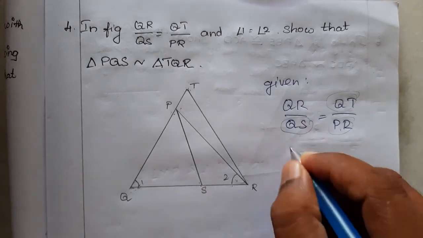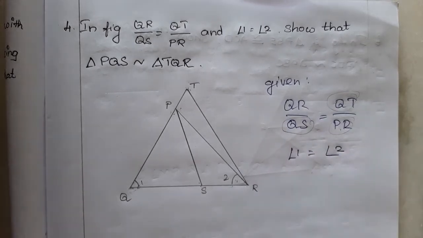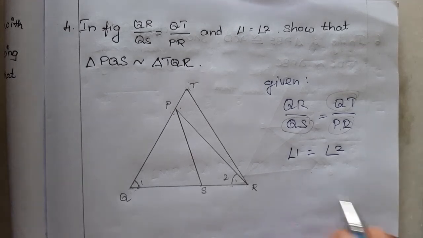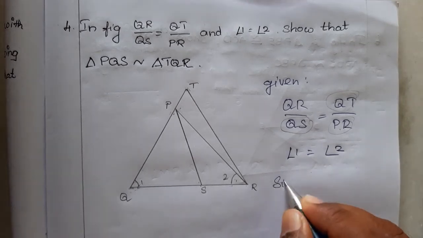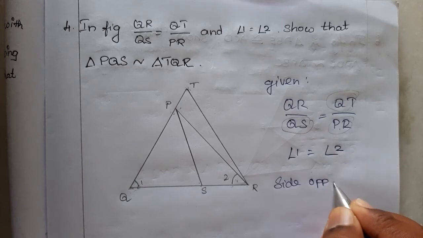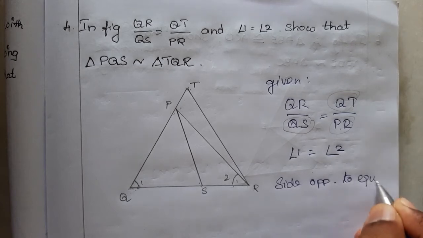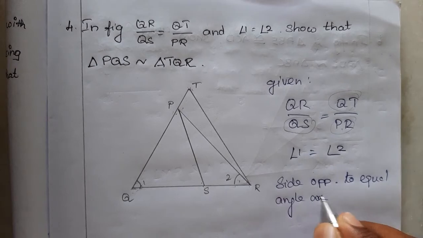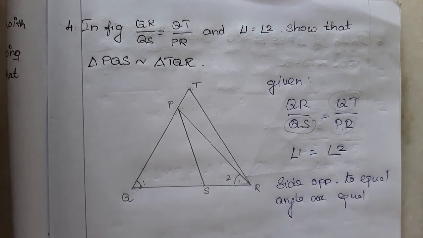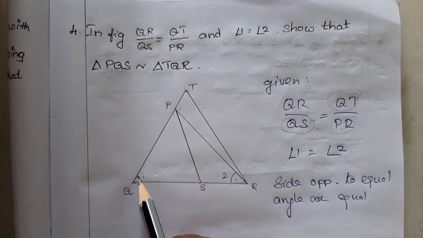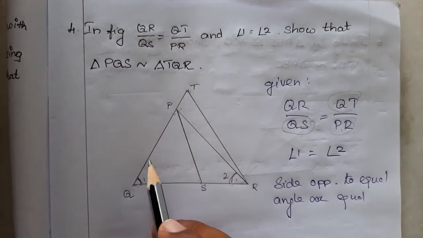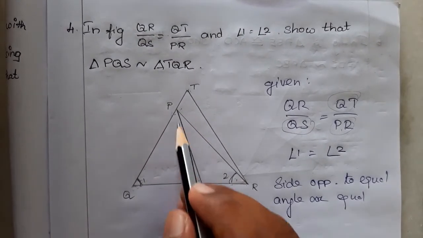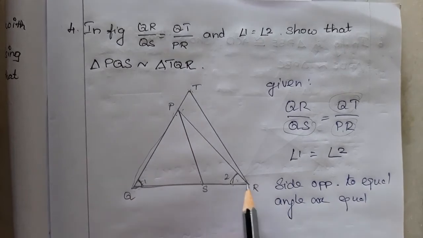So one more is given, angle 1 is equal to angle 2. Do you remember the theorem you have learnt: sides opposite to equal angles are equal. If two angles are equal, the opposite sides are also equal. So these two angles are equal, opposite to this side is PQ and this side, you just want to check triangle PQR.